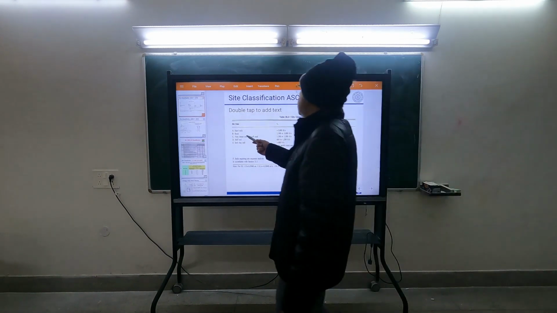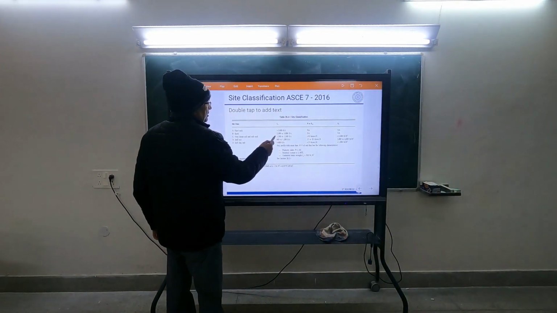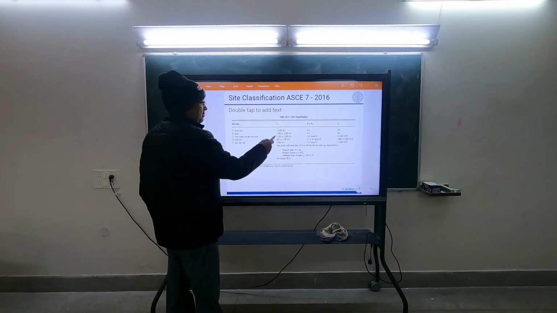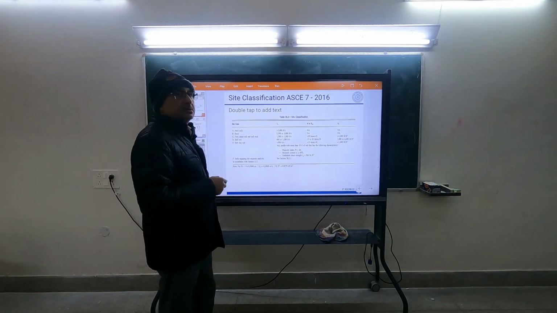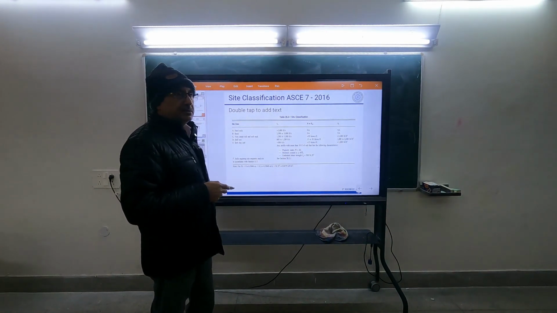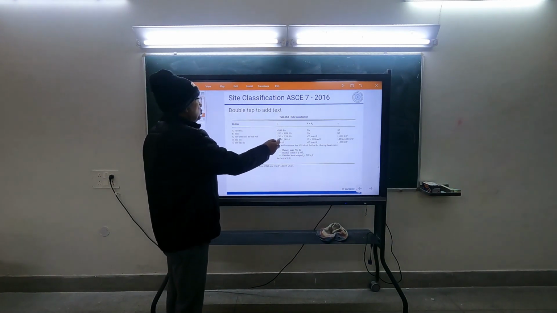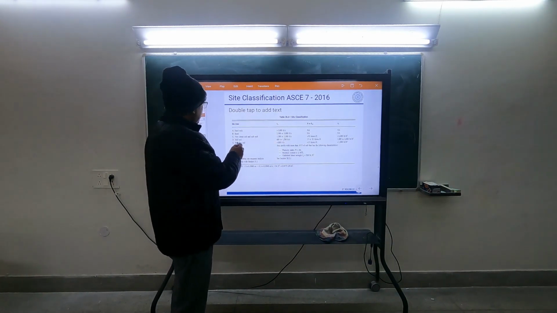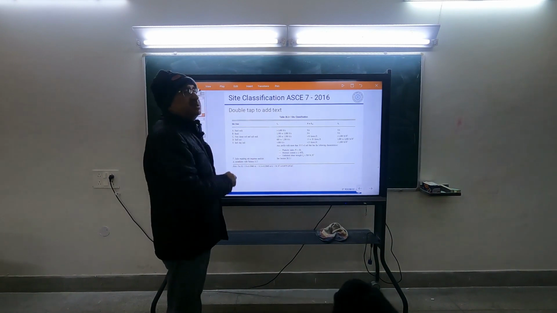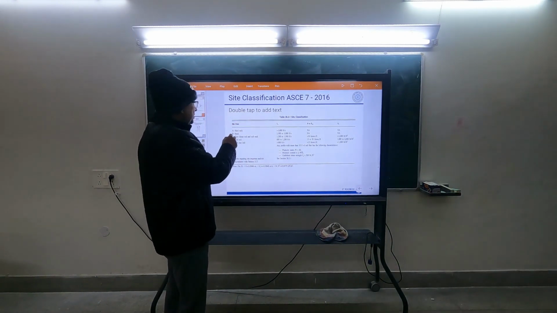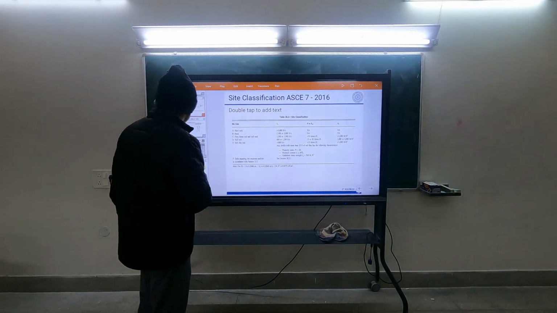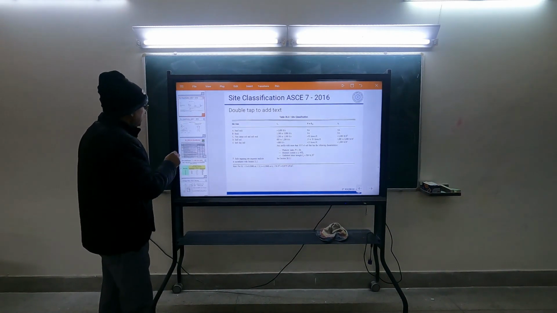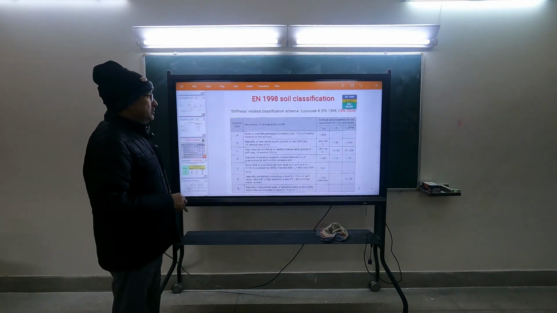And then this C is 360 or 400 to 800, and then 200, and then less than that. So this A, B, C, D, E are classified, and a similar classification is there in Eurocode.